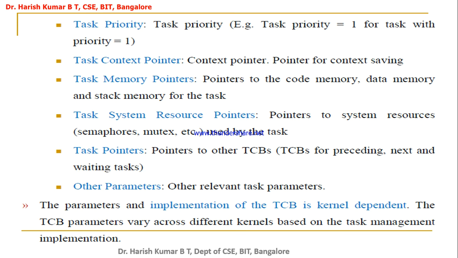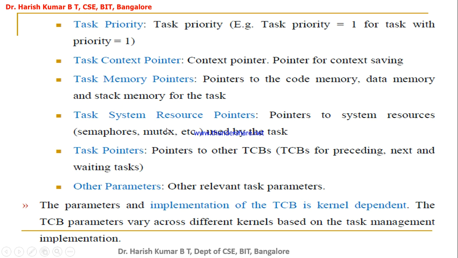And similarly, a system resources pointer, because when the process is executing, it will be using many resources. The resources could be semaphores. Semaphores are basically used for synchronizing the processes when multiple processes are using a shared, common resource. And similarly, there is something called a mutex, mutual exclusion.